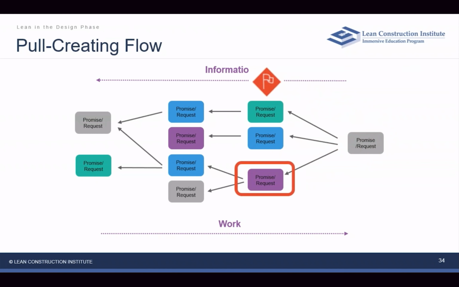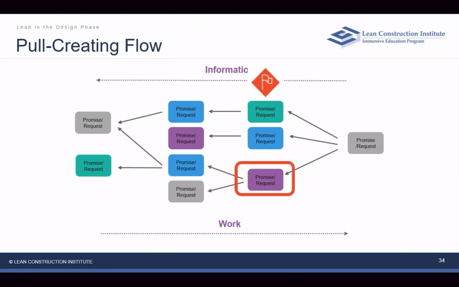So now you've got this chain, and what you do as a group is you follow that chain. Let's say the purple at the bottom is the mechanical engineer, and the mechanical engineer is saying, I will provide duct sizes and locations, but I need the architect to approve the shaft locations, or I need the owner's rep to provide building performance requirements.